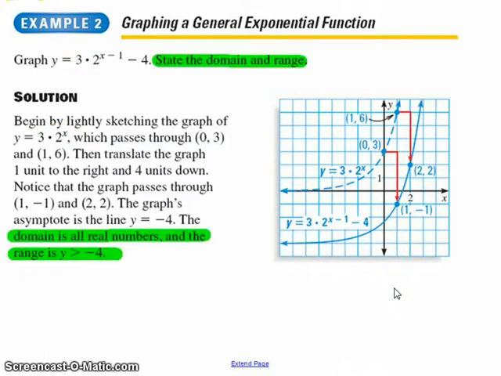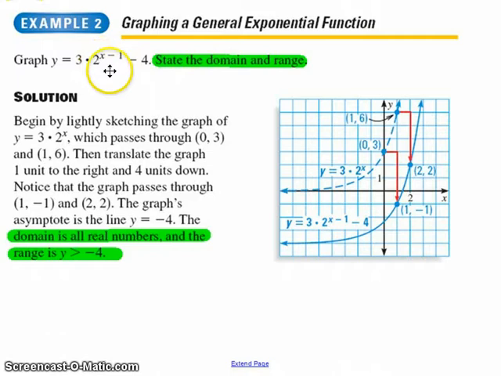Also notice that they asked for the domain and range. They're talking here about the finished graph, the solid curve, not the dashed curve. For the solid curve, left to right, I can have any value I want, any x value. There's no reason why I couldn't put any x value in here.